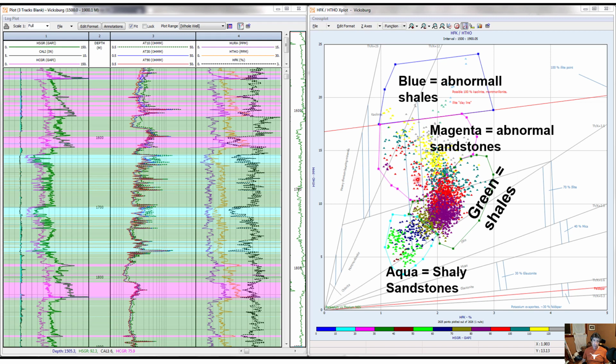That's how we diagnose that this cluster is abnormal, whereas the other clusters, the green color that you see here, all of those are shales. And the light blue colors, all of those are normally behaved sandstones. So here is another element of how to use the designation here.